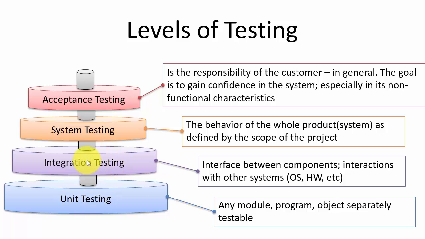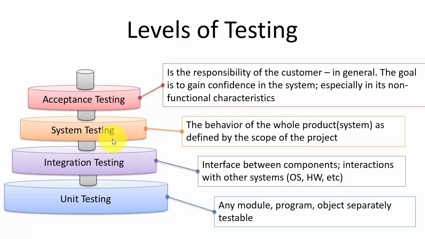Then you have integration testing, where you test the interfaces between components and the interactions with other systems. It could be the operating system, hardware, etc. Then we have system testing, which is the behavior of the whole system or product as defined by the scope of the development project.